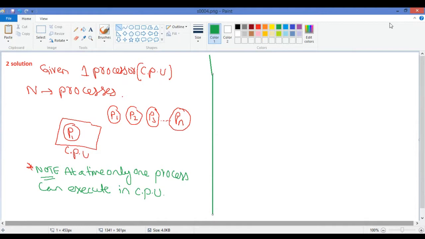So how do you find out possible schedules? For example, I'm just drawing a table. The table is number of processes and number of schedules possible.